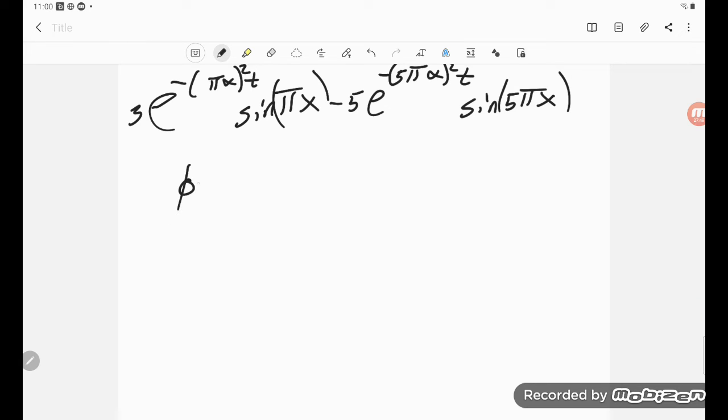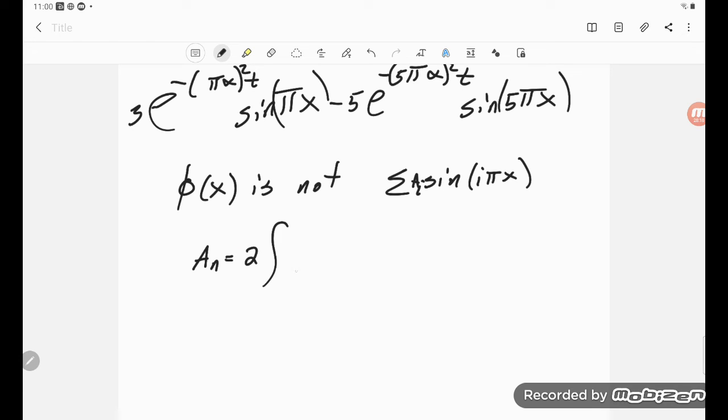If phi of x is not some sort of sum of a sub i sine i pi x, like that, then your a sub n's are actually integrals, and they're 2 times the integral from 0 to 1 of whatever phi of x is, times sine n pi x dx.